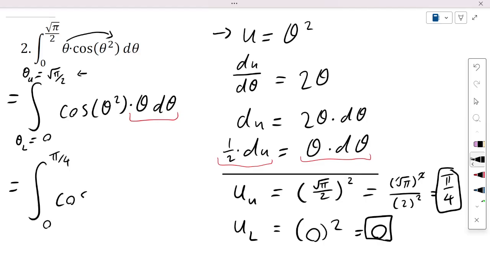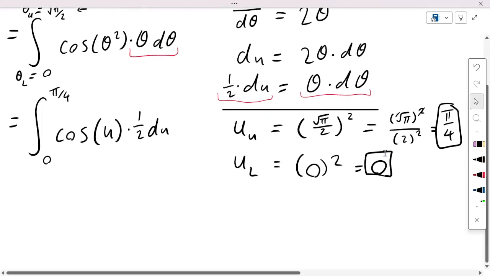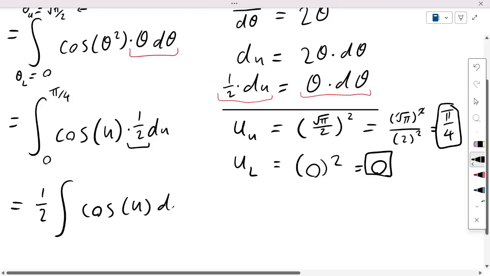It's going to be cosine of, and remember, our theta squared is just equal to u, so cosine of u multiplied by a half du. There we go. We made a lot more progress now. Obviously, we have a constant being multiplied, so we take that constant to the front. So it's going to be a half multiplied by the integral of cosine of u with respect to u.